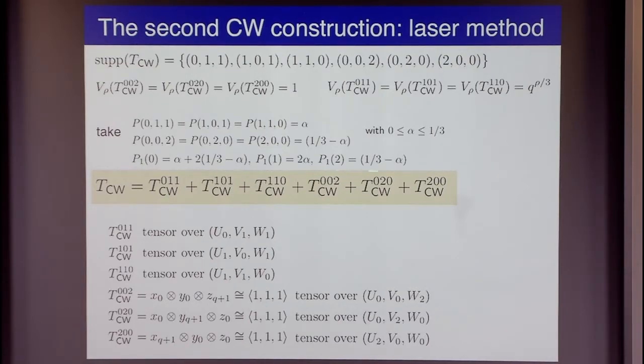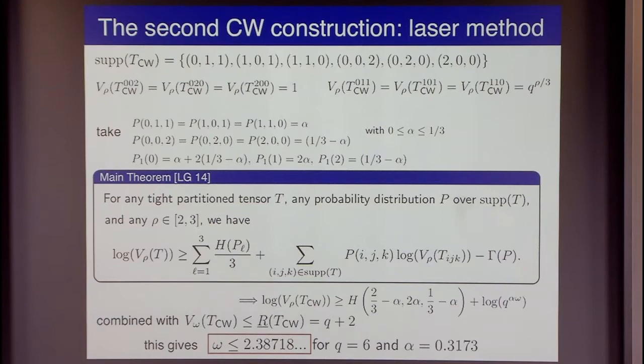You can compute the marginal distribution, then you apply the theorem, and this gives you this bound. Okay? And if you do the optimization, you find that this gives you this bound.